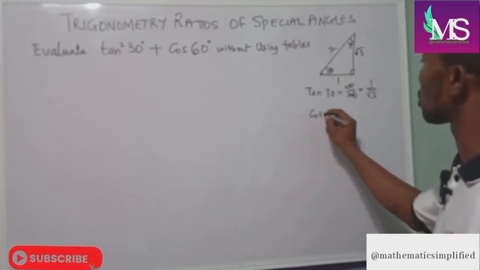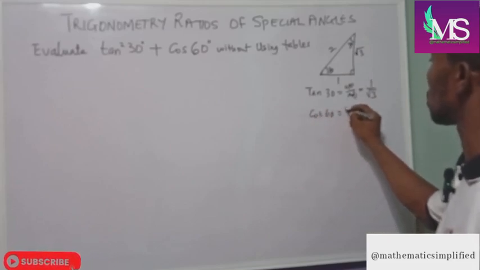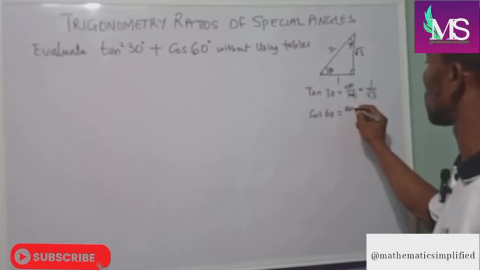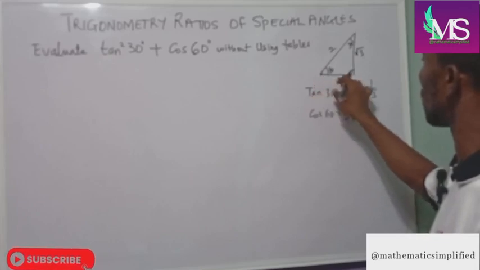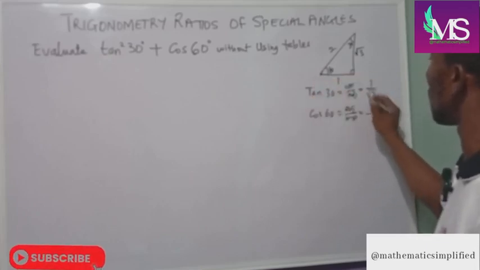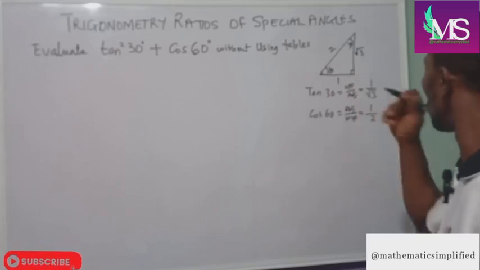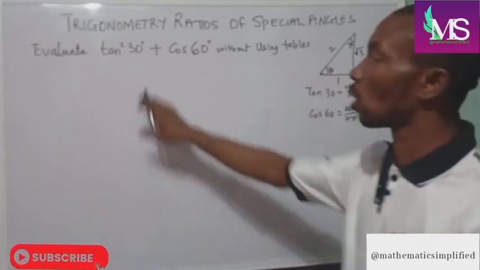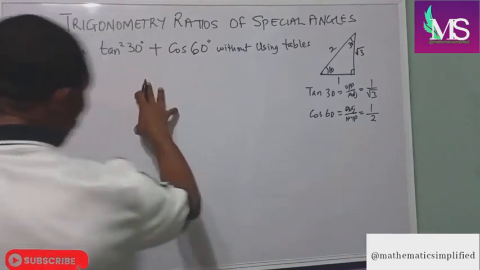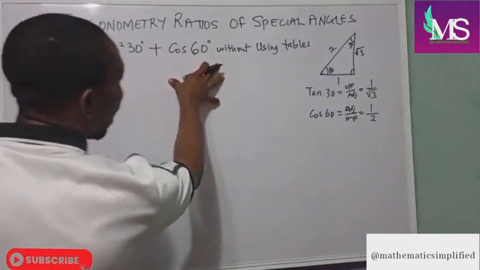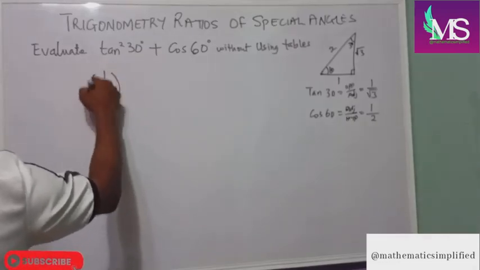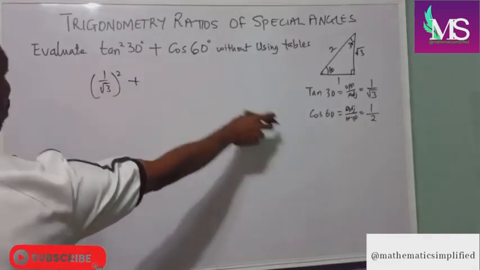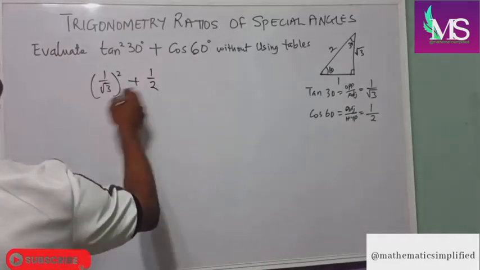Now, for cos 60 is adjacent over hypotenuse. For cos 60, our adjacent is 1 and our hypotenuse is 2. Now, inputting our values, tan 30 is 1 over root 3 all squared plus cos 60, 1 over 2.